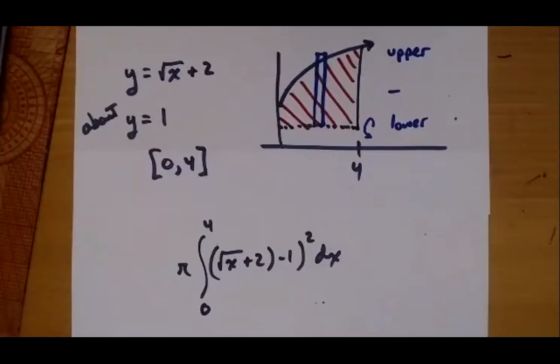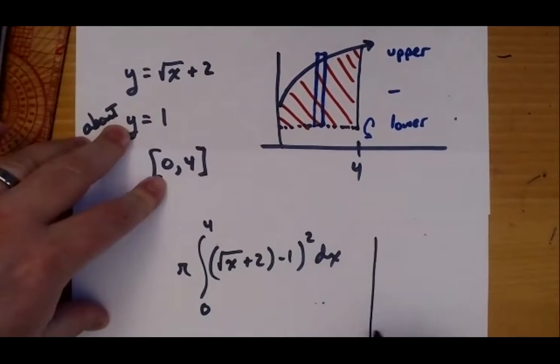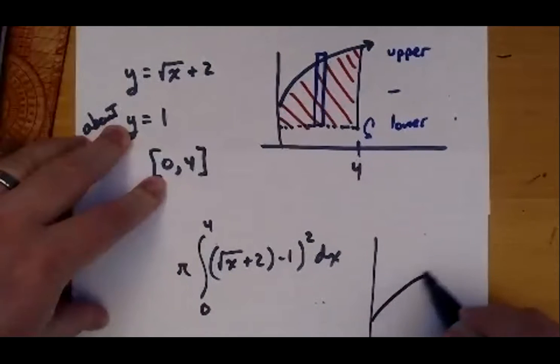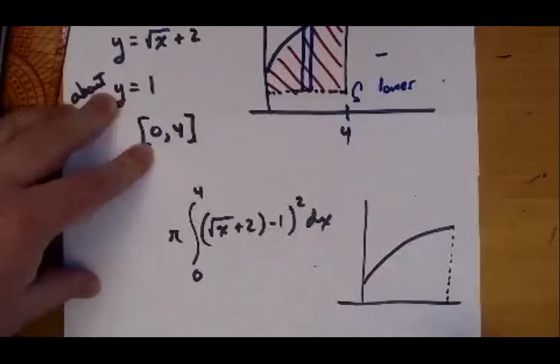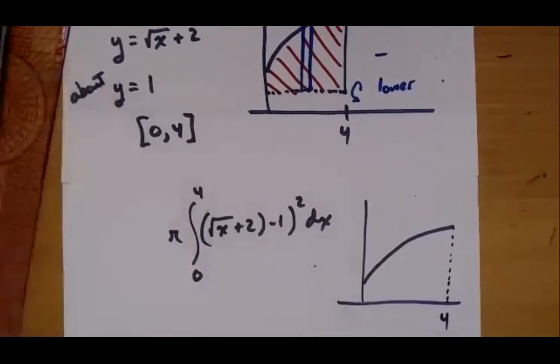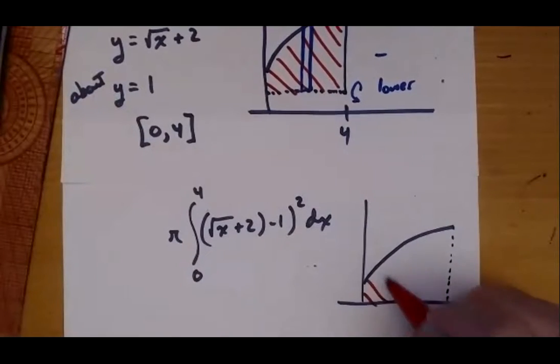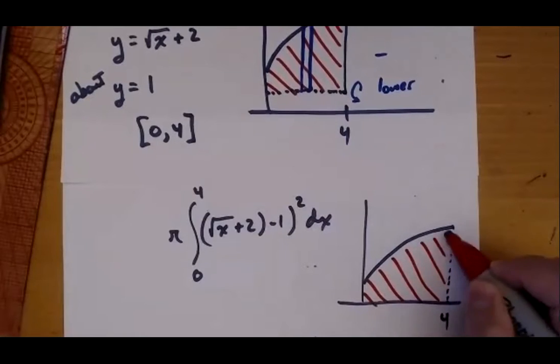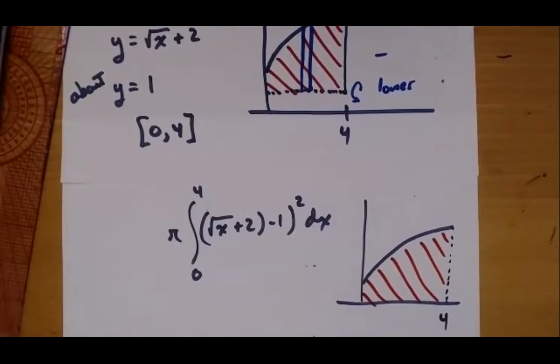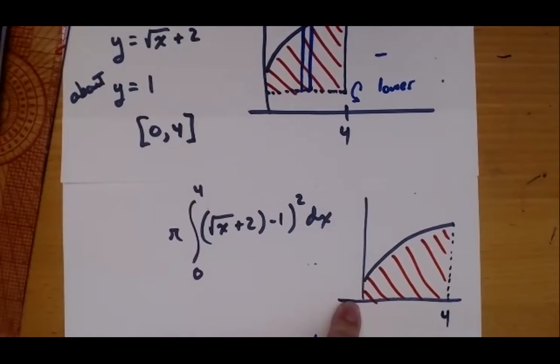So if we simplify this, we wind up with just x plus 1. And x plus 1 is the exact same shape, except now instead of revolving about y equals 1, we're revolving about the x-axis. And if you simplify that, that's what you get right here.